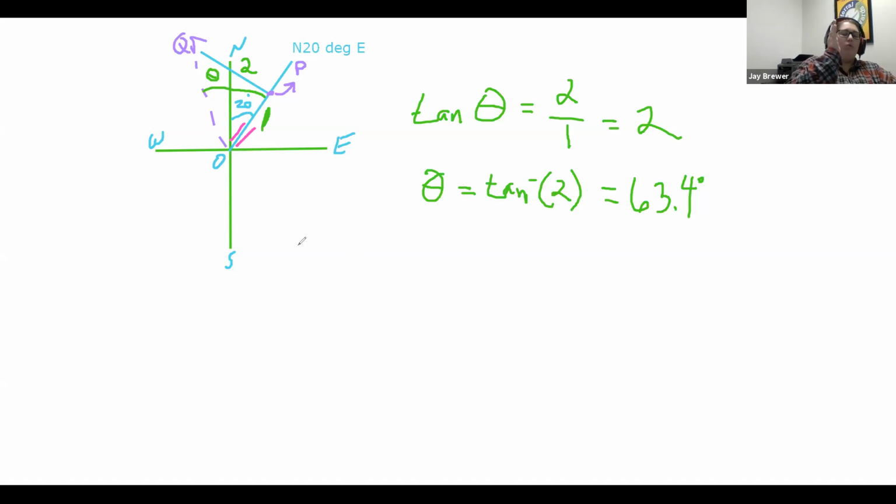From what primary purpose do we talk about bearings at? Do you guys remember? We want to consider it from the north-south axis, basically, okay? So we kind of have to take 20 degrees off of this. So 63.4 minus 20 degrees is going to give us 43.4 degrees.